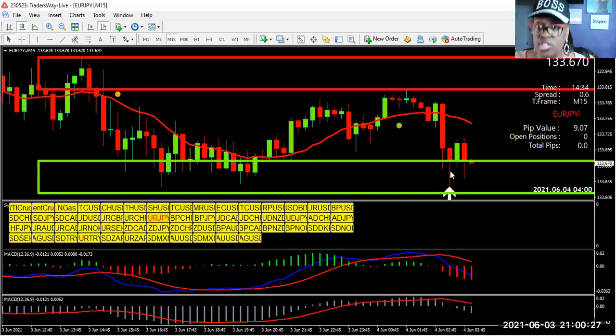But then also, because we had this bearish push down, this wick in and of itself is longer than the body of the candle. This is liquidity. This is money. Brokers left that money right here, and they are surely coming back to get it.